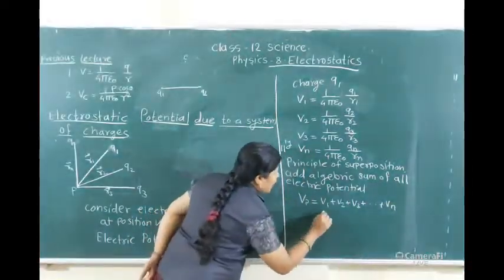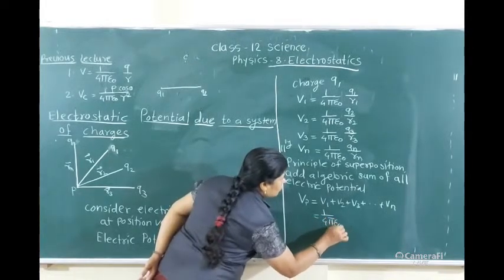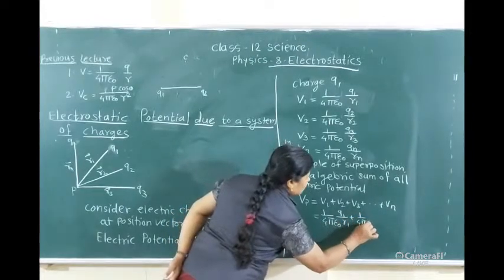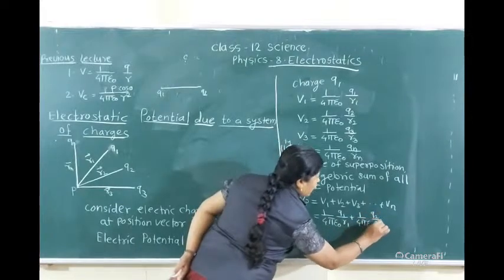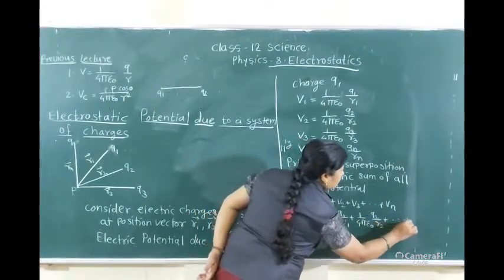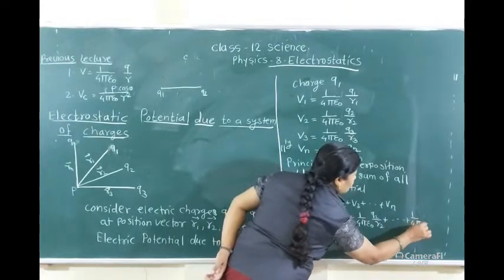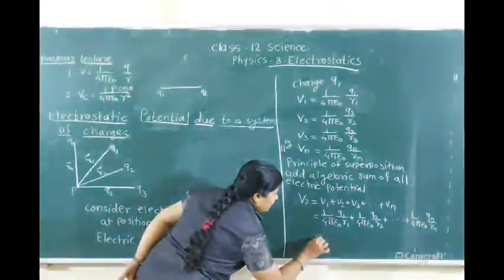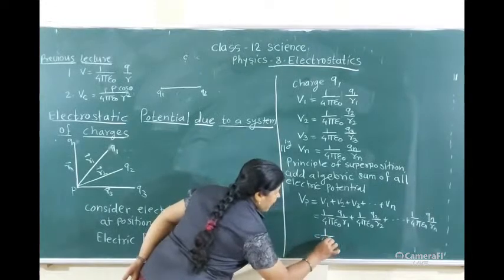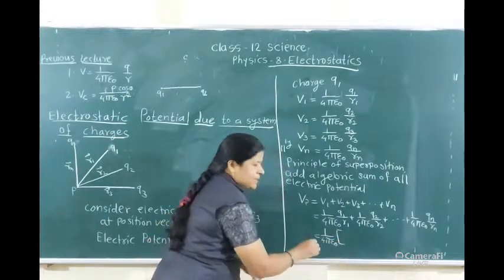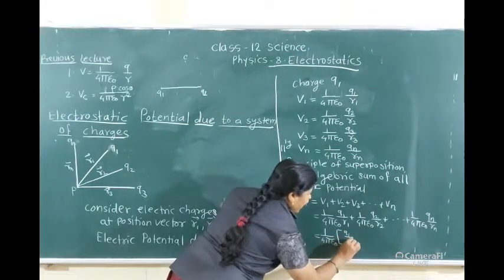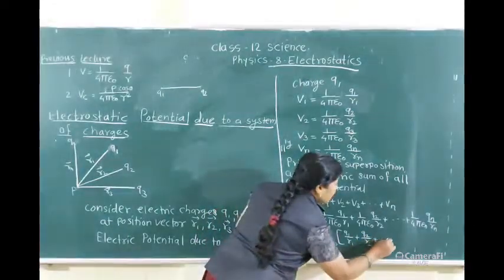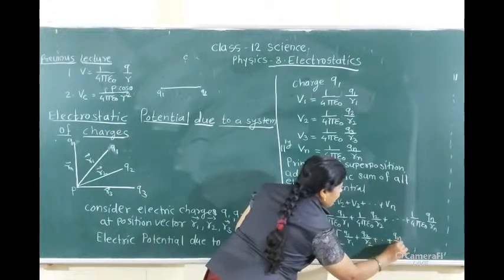So 1 upon 4 pi epsilon 0 Q1 divided by R1 plus 1 upon 4 pi epsilon 0 Q2 divided by R2 plus 1 upon 4 pi epsilon 0 Qn divided by Rn, which is equal to 1 upon 4 pi epsilon 0, taking it outside the bracket, Q1 divided by R1 plus Q2 divided by R2 plus Qn divided by Rn.